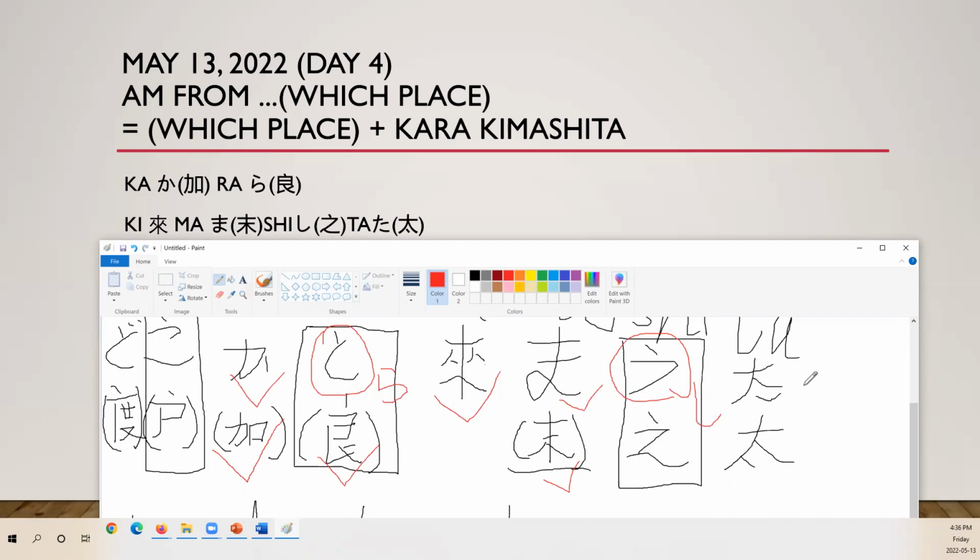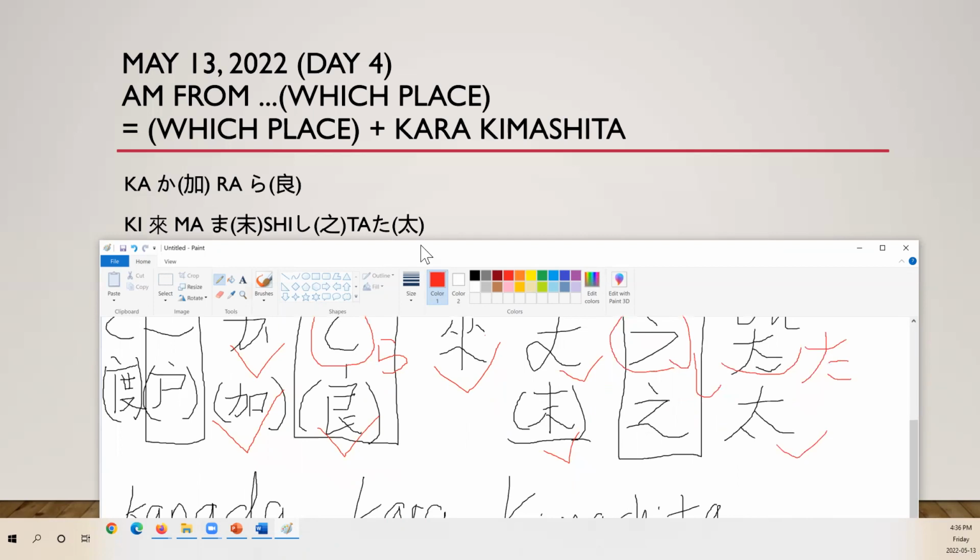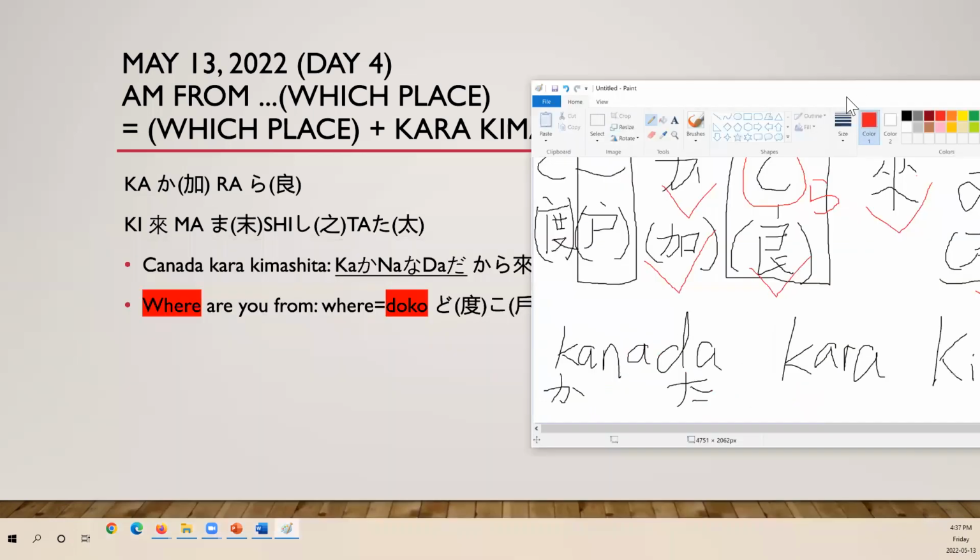Kimashita. So maybe this spelling is not quite right. I guess it should be written like this, so here you don't actually connect it. So you just put this and this. All right. And this one is right. And for Canada, okay, so da, it's actually not ta, right?